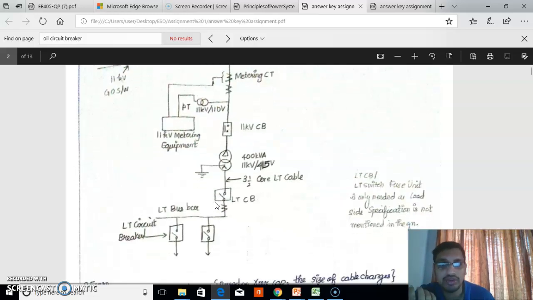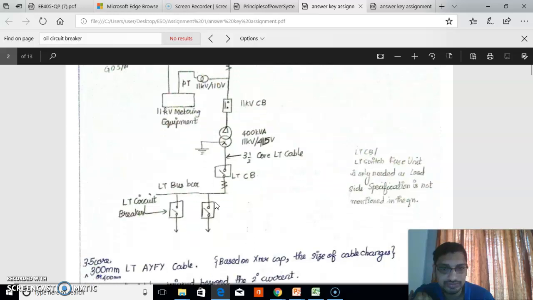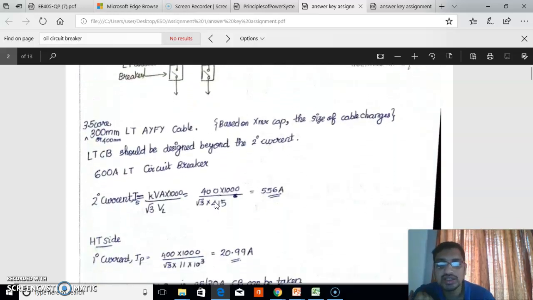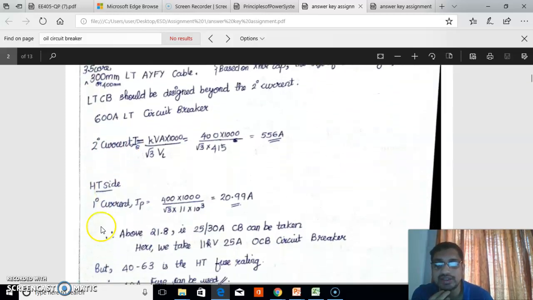The primary current, IP, on the HT side, equals kVA into 1000 divided by root 3 into voltage, that is kV into 10 raised to 3. It is a 3 phase system, so root 3. What is the kVA rating? The capacity of the given transformer is 400.